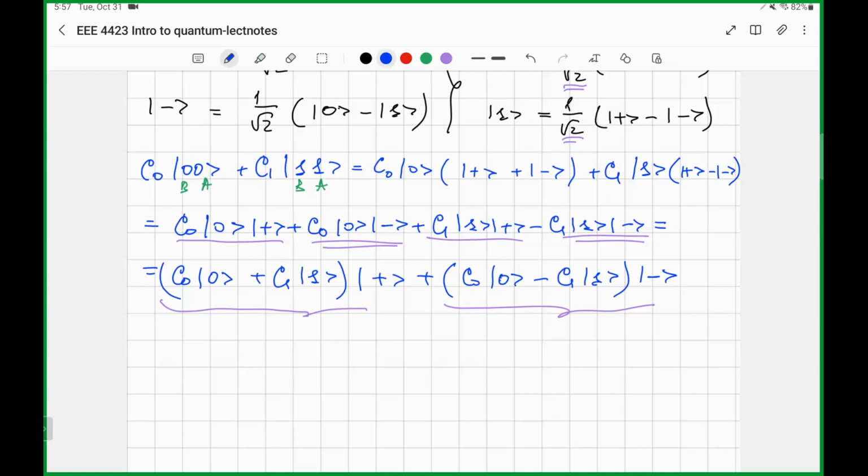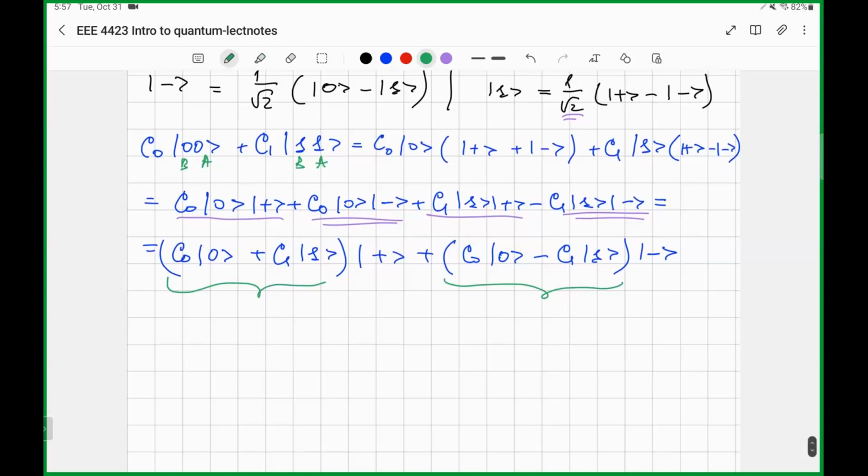And what is more important is that if she finds her qubit in the state plus, then she immediately knows, or concludes, that Bob's qubit is in the state in the parentheses. This one or this one, depending on her result.